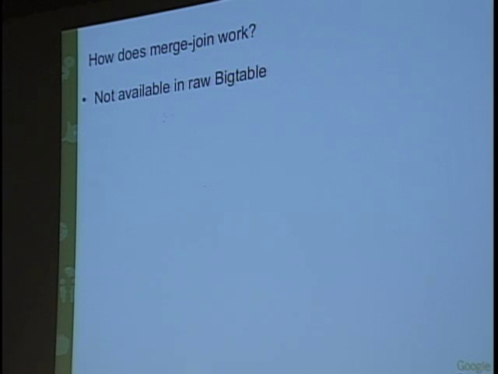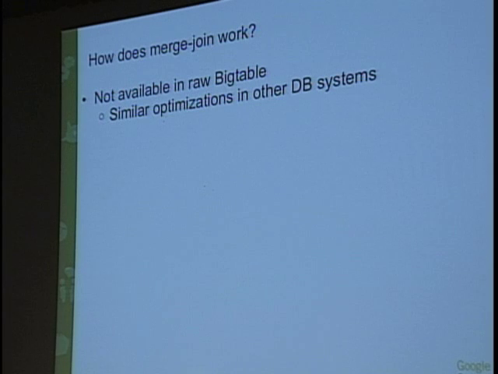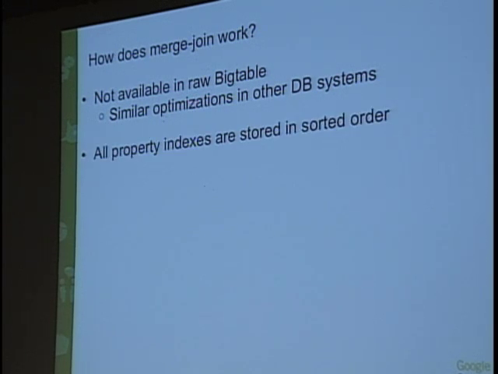Now, it's not really available in raw Bigtable, but it is available in the data store, which we've built on top of Bigtable. There are similar optimizations in other database systems. All property indexes are sorted in lexical order or in alphabetical order.